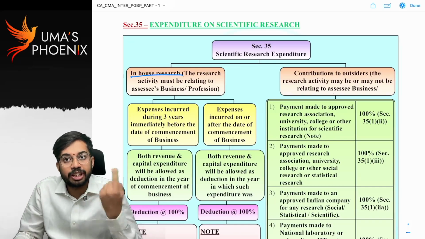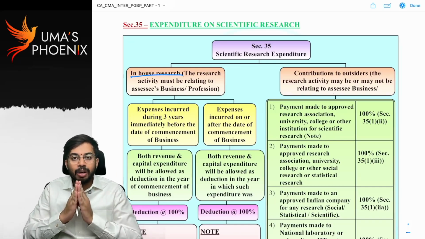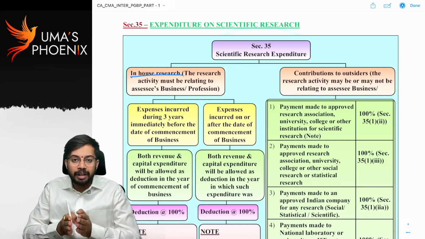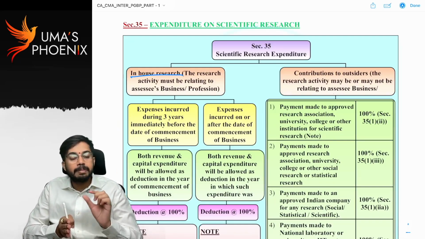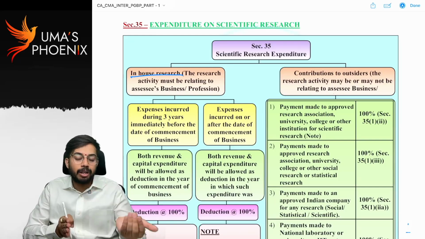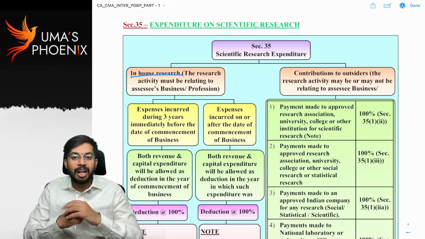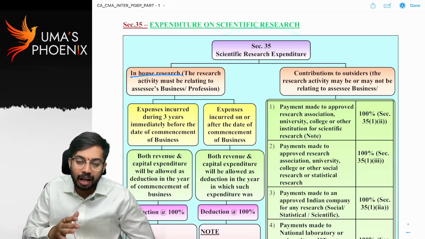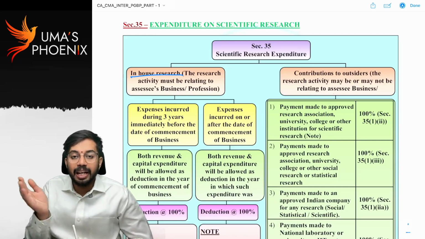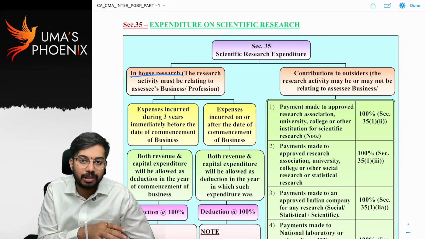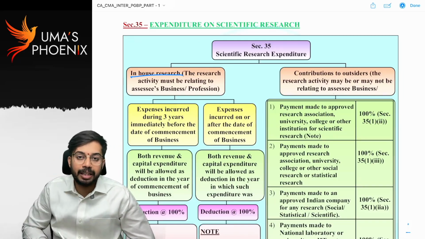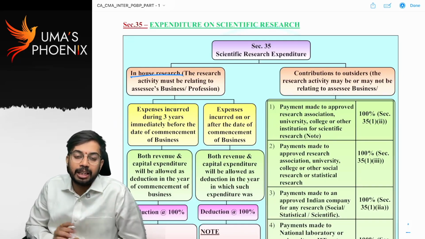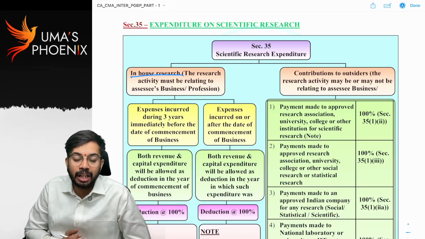Here, a question comes, sir, whether only current year scientific research expenditure is allowed as deduction, or if any expenditure is incurred before commencement of the business, whether it is allowed as deduction or not. The answer is yes. Not only after commencement of business, even before commencement of business, if any scientific research expenditure is incurred, it is allowed as deduction under section 35.